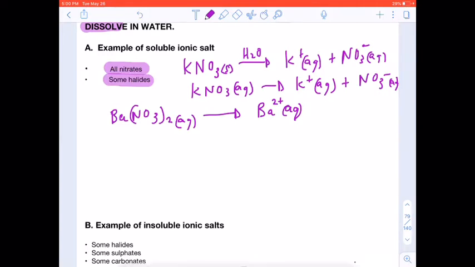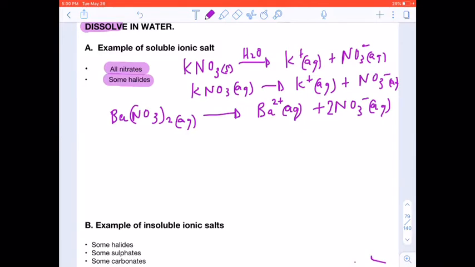Then we have nitrate, which has a charge of -1, and that's aqueous as well. But we need to have a charge balance, so for every barium ion, we have 2 nitrate ions, so we know that the charges balance.